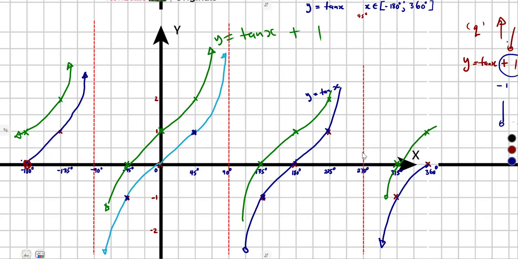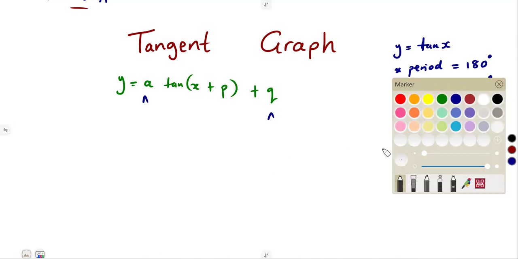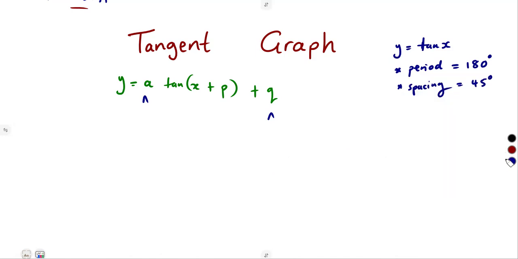So we must be very, very careful in attempting these typical questions. The effects of A and Q, taking our graph up or down, with A multiplying the graph of tan as it is, do not affect anything on our asymptotes.